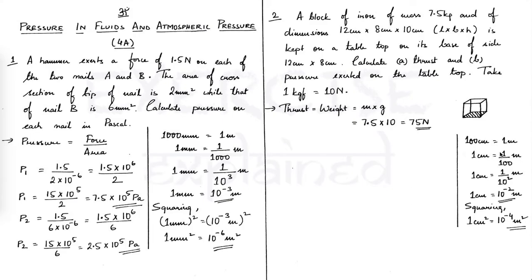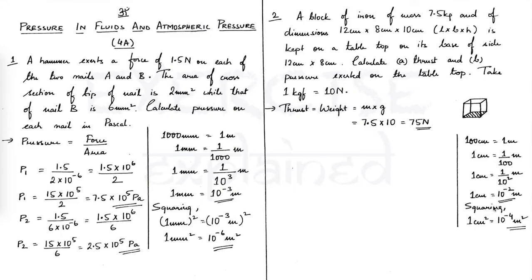Now 1 centimeter will be equal to 1 by 100, which can be written as 10 to the power of plus 2 meter. So 1 centimeter will be equal to 10 to the power of minus 2 meter, because plus 2 goes to the numerator, becomes minus 2.